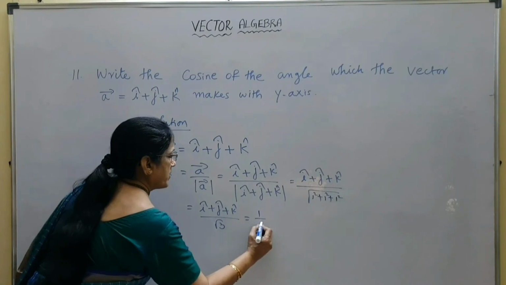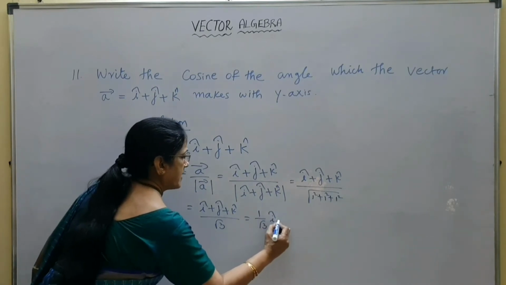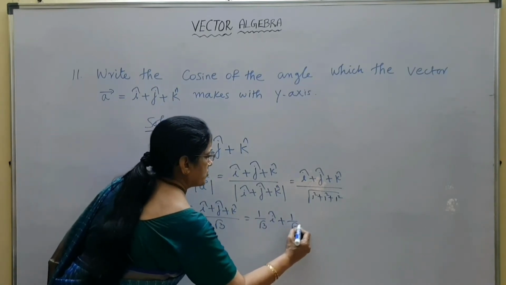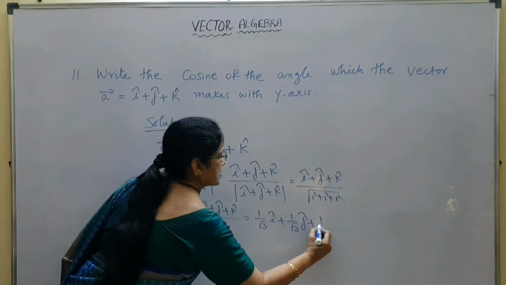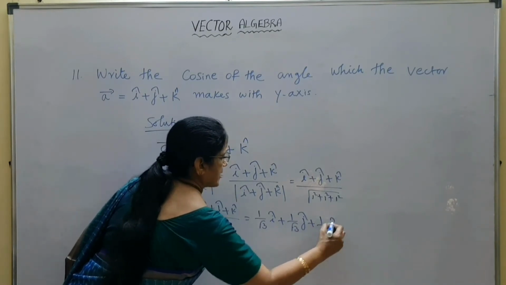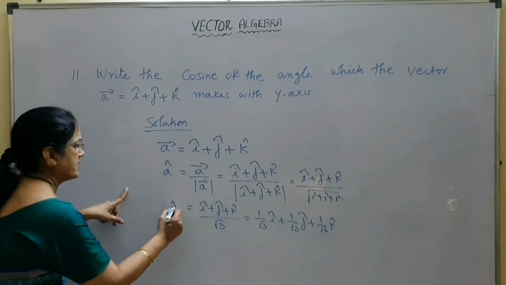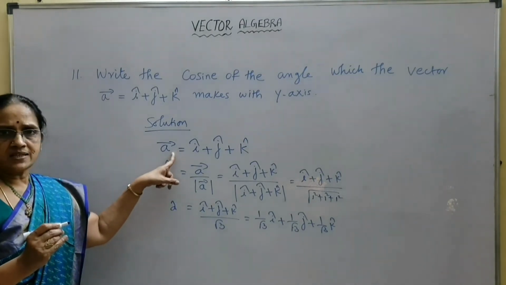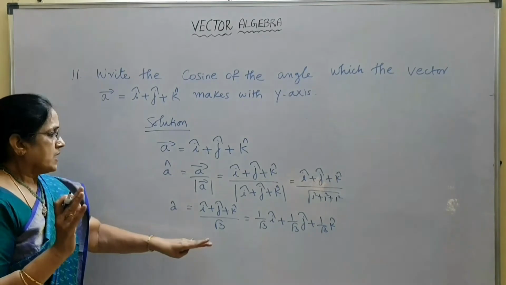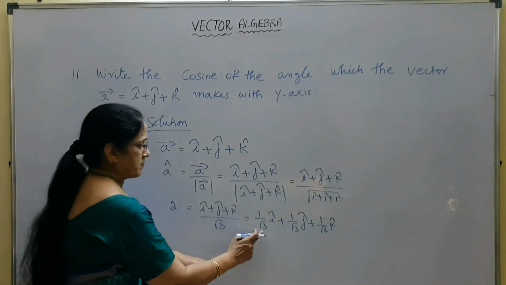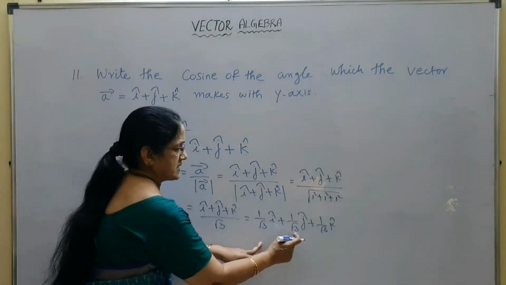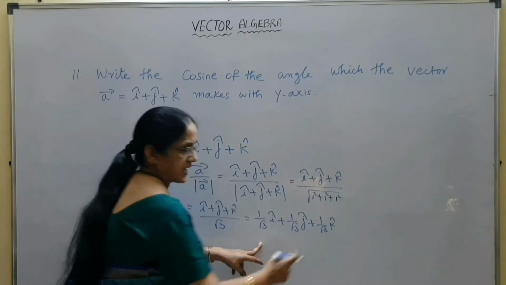So this is nothing but I cap plus J cap plus K cap by root 3, which is 1 by root 3 I cap plus 1 by root 3 J cap plus 1 by root 3 K cap. You have found out the unit vector along the vector A. I told you this is nothing but L i plus M j plus N k.